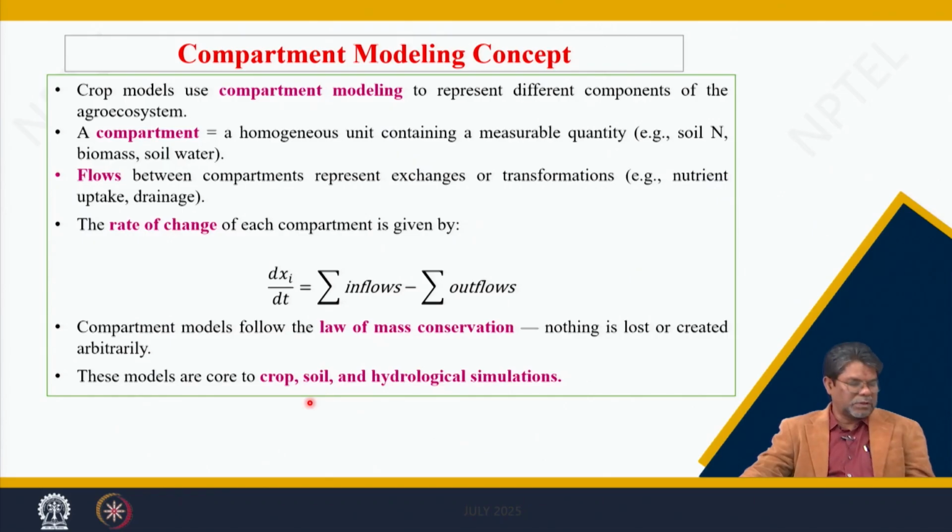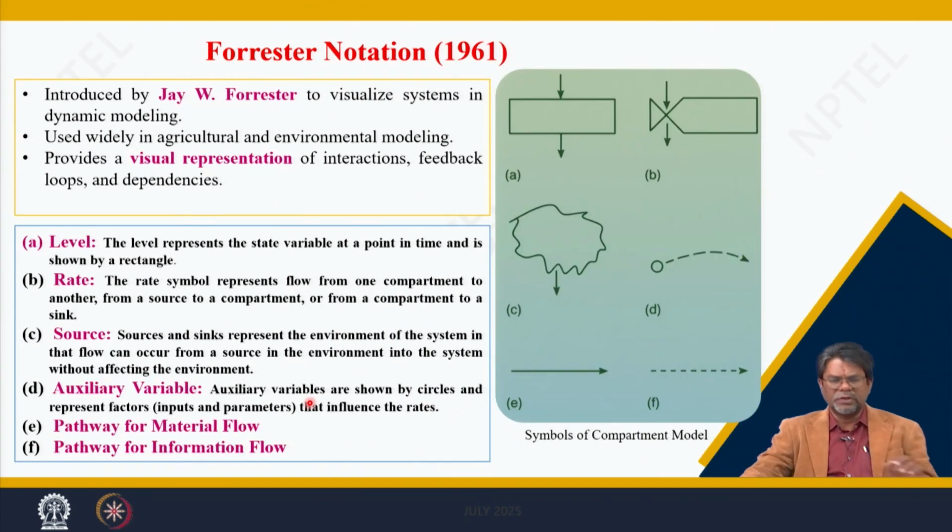We will be discussing the symbols used in this compartment model to represent the different components in the model. These symbols, the Forrester notation of 1961, were introduced by J. W. Forrester to visualize systems in dynamic modeling.